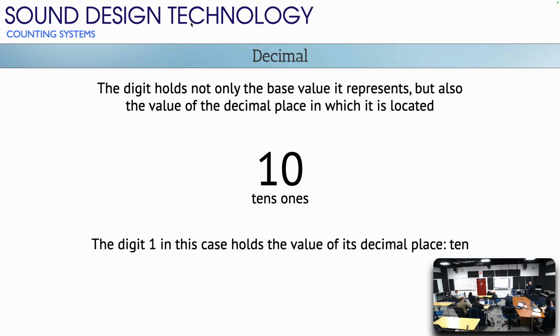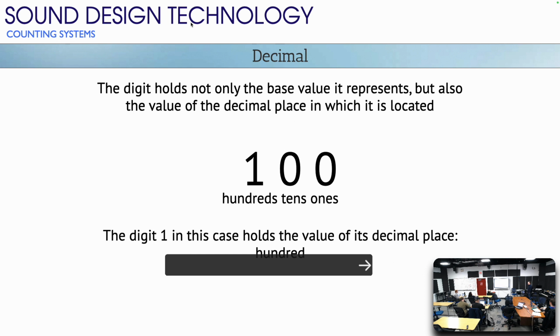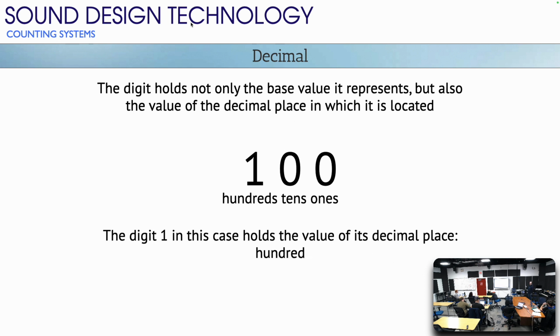Because that 1 is now sitting in the tens slot. So I have one 10 and no ones. Is this coming back to you now? Starting to remember how this works? What if I move it again? So now I got one set of hundreds, no tens, and no ones, which is 100. I have one set of hundreds.